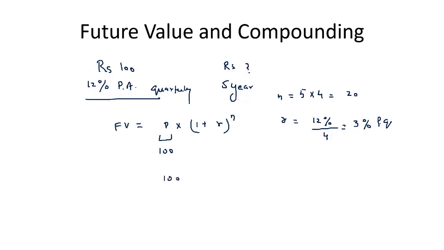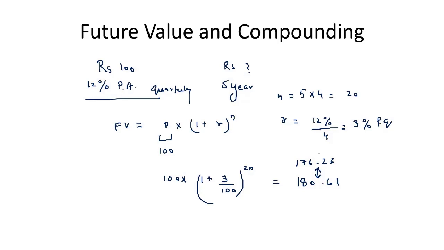So 100 multiplied by (1 plus 3 divided by 100) raised to 20 is the value that we will get, and the answer for this would be 180.61. As you can see, earlier, when we were paying the interest annually, our answer was 176.23. So the difference, as you can see, is that you get more interest because of the compounding.